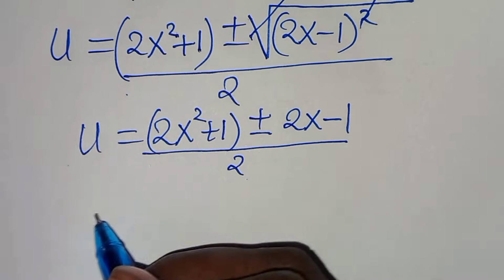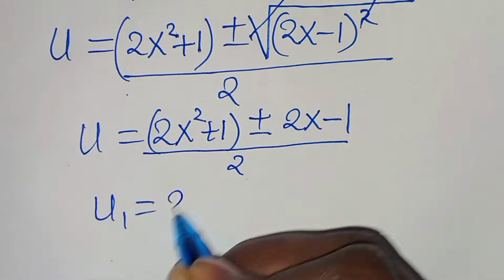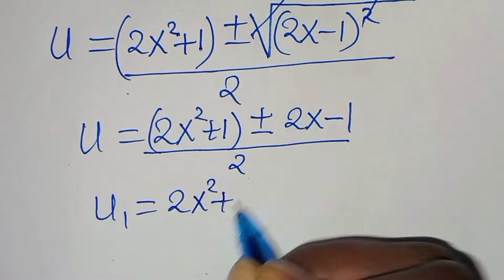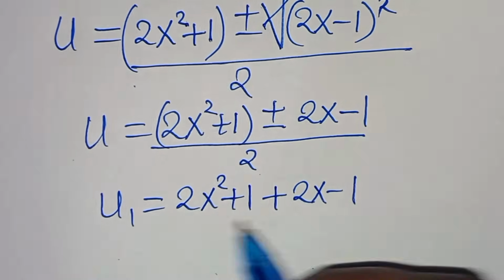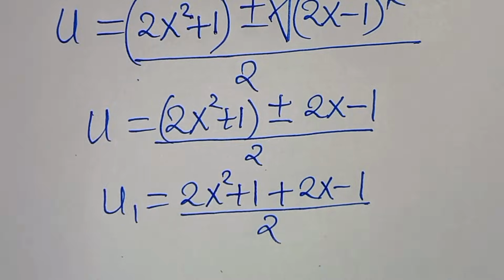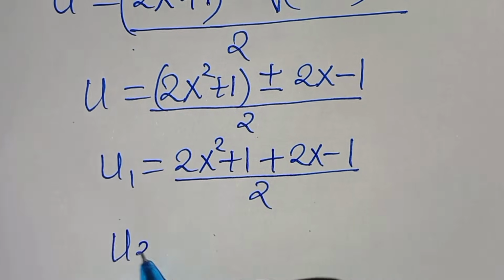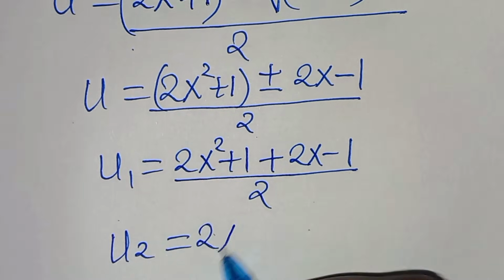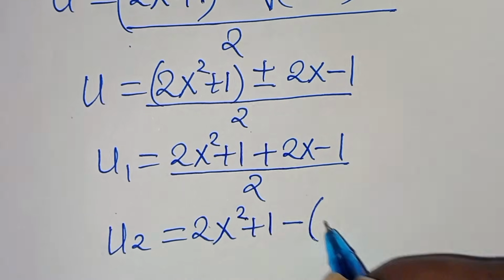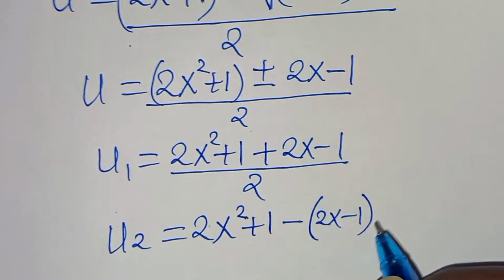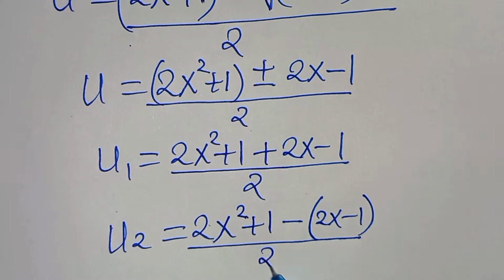So this means that u1 is equal to 2x squared plus 1, then plus 2x minus 1 over 2, or we have that u2 is equal to 2x squared plus 1, then subtract 2x minus 1, everything here, divided by 2.